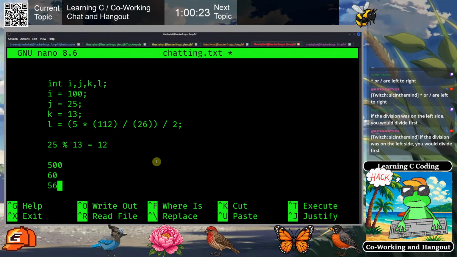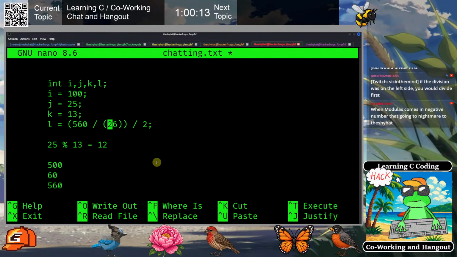So this is 560. So this would become 560 divided by 26. I'm not sure if I can do that offhand.